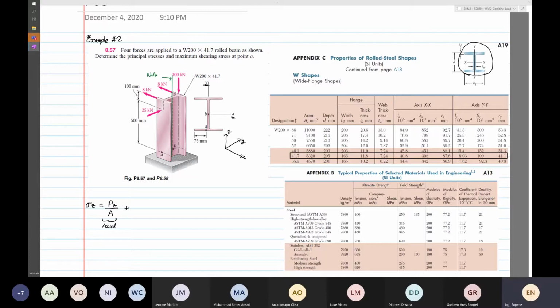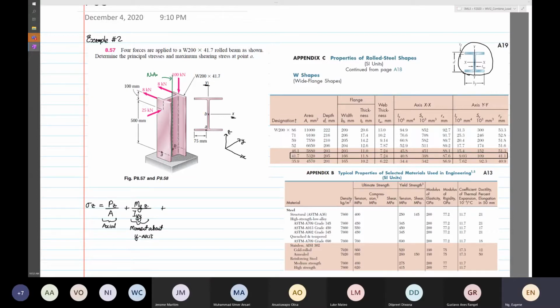Then plus My over Iyy multiplied by Z. This is due to moment about the y-axis.